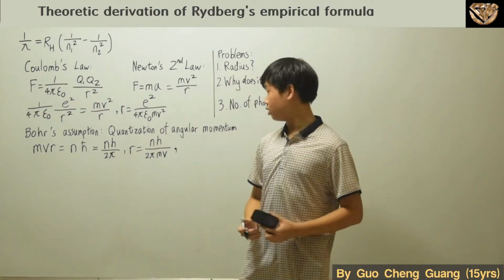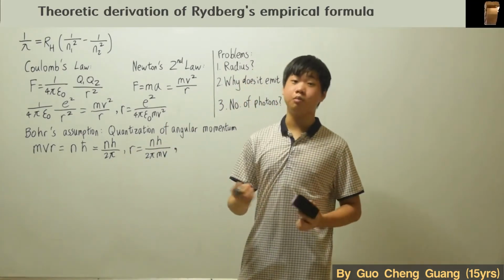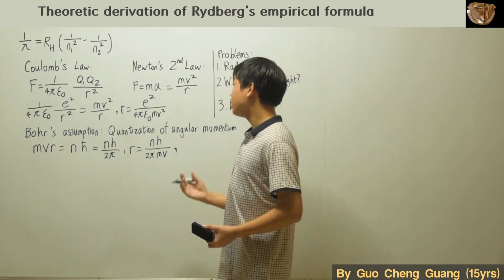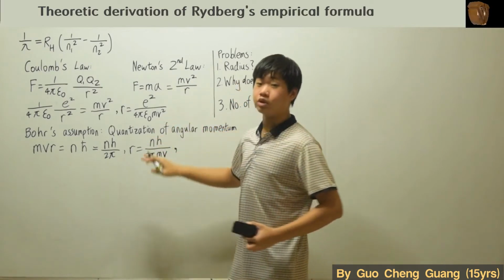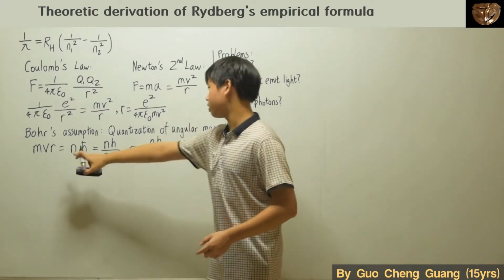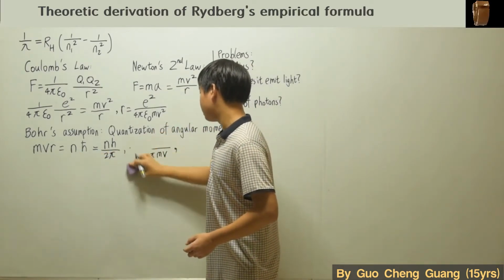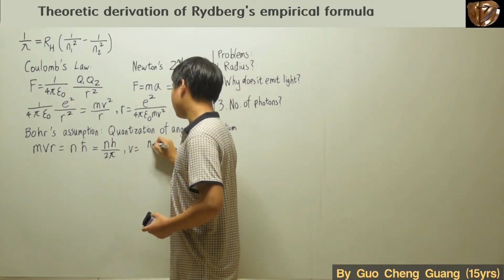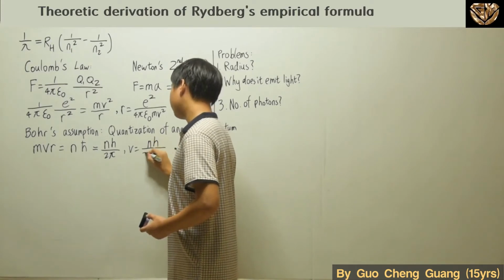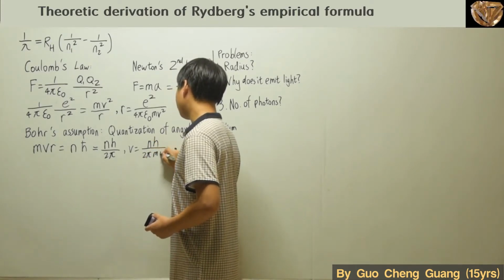It all depends on how you like to do it. But when you realize that if you just equate these two, you will just be finding v, you might as well just find v from this part, alright? So v will be nh over 2 pi mr.